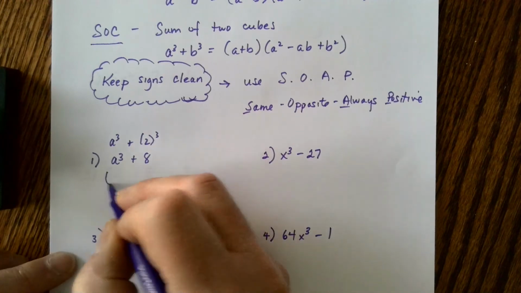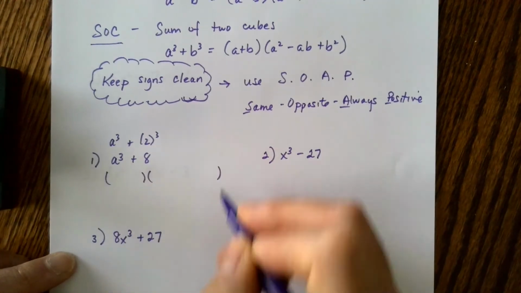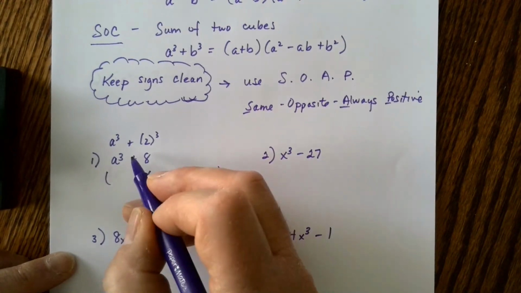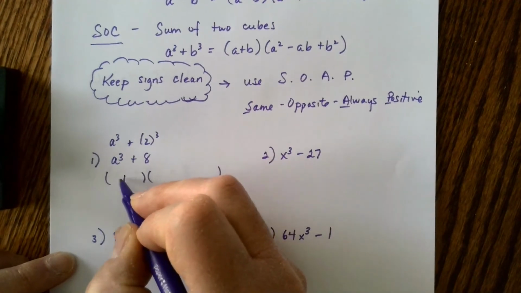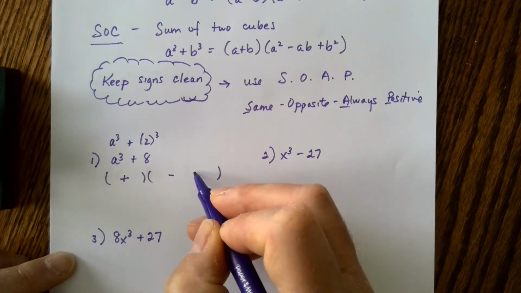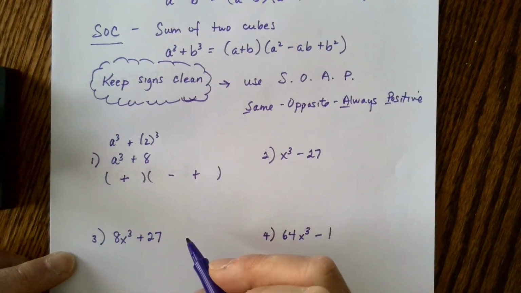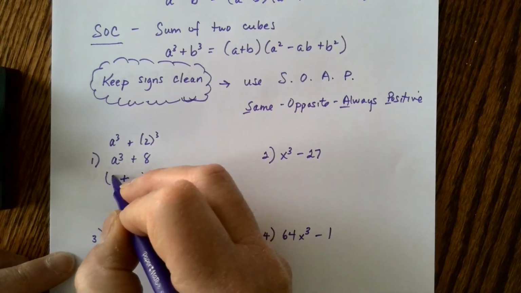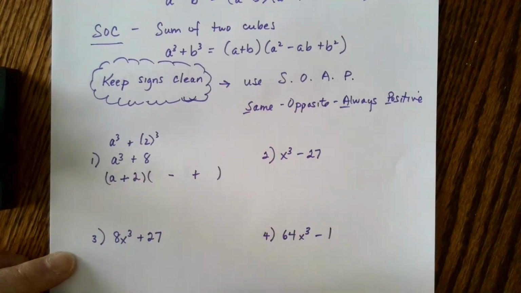So now we need our binomial and our trinomial. And so keeping my sign the same, addition, opposite, always positive, and now inserting my cube roots, so to speak, we get a and 2 as our first two terms in our factor.